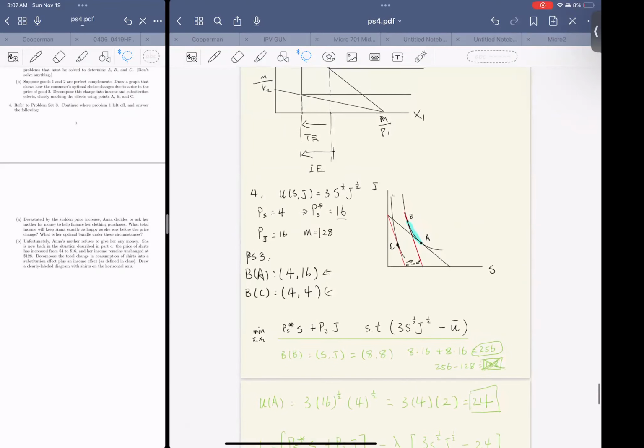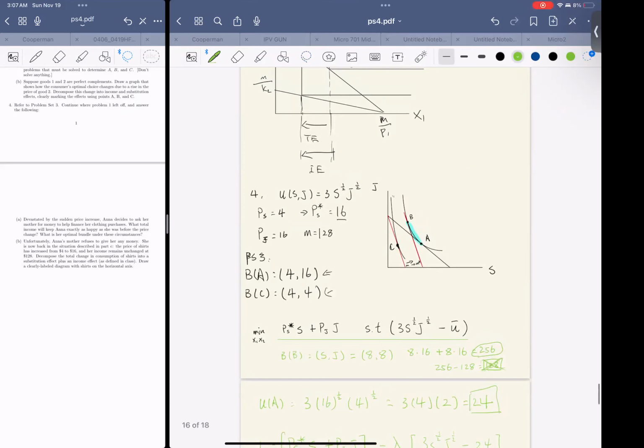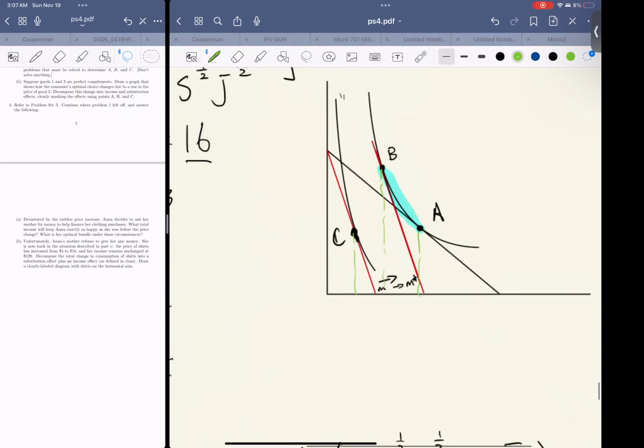So this blue part will be... let me go deeper. Let's do the first one.